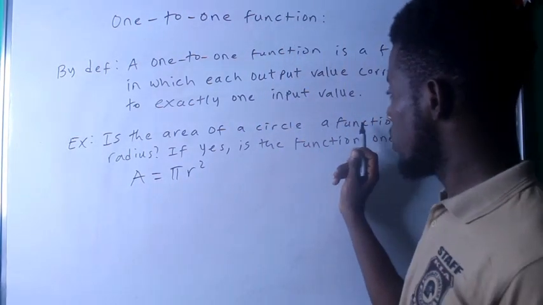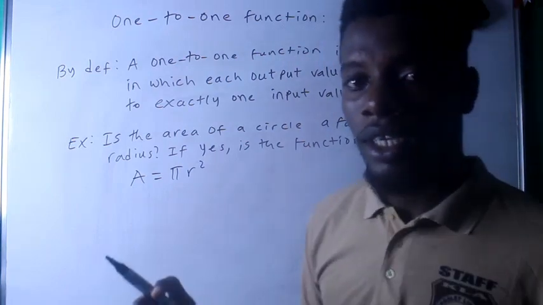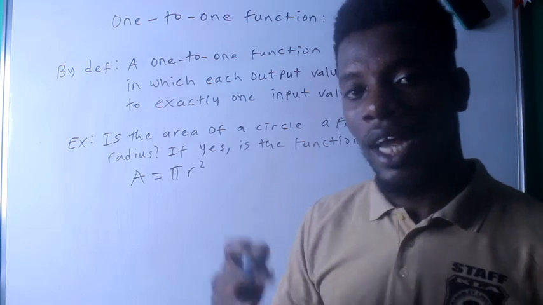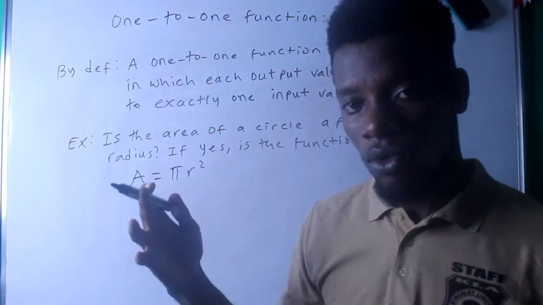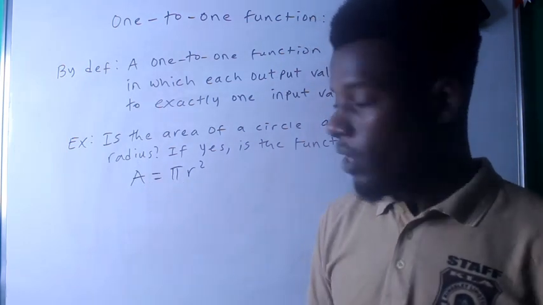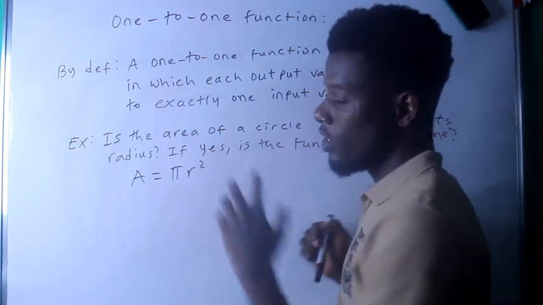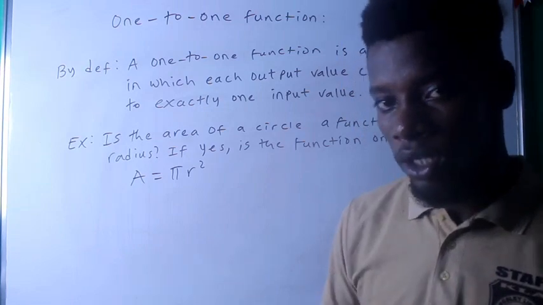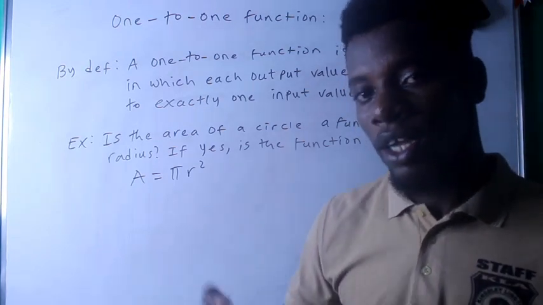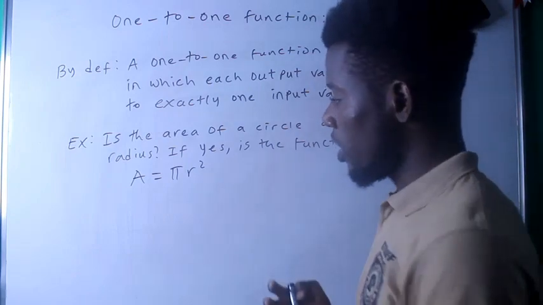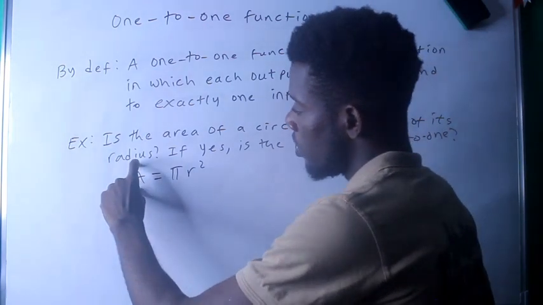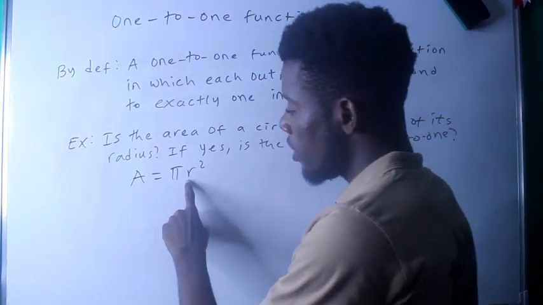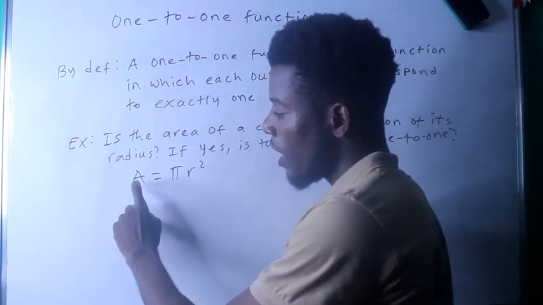For this to be a function, each value of the area should have exactly one value of the radius, right? Since the radius is being squared, and the radius cannot be a negative number because it is a distance and distances cannot be negative, we say that from this equation, the area is a function of the radius, because for every single value of the radius, we only have one value for the area.